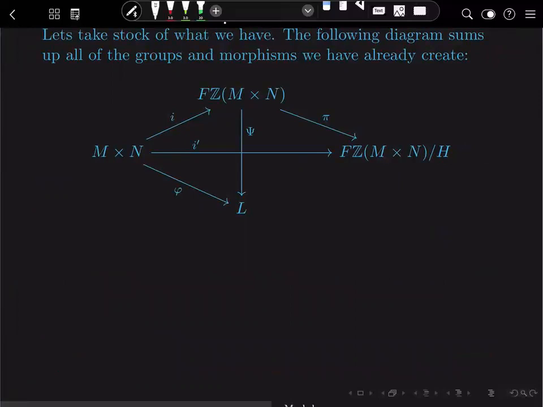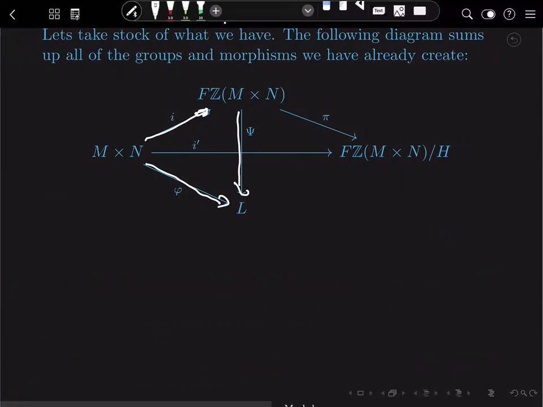So let's take stock of what we have. The following diagram sums up all of the groups and morphisms that we have already created, right? In the first triangle here, the one that I'm highlighting in white, this commutative triangle comes from the free group construction, right?